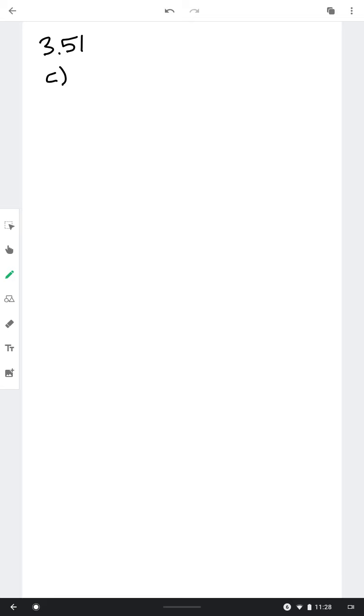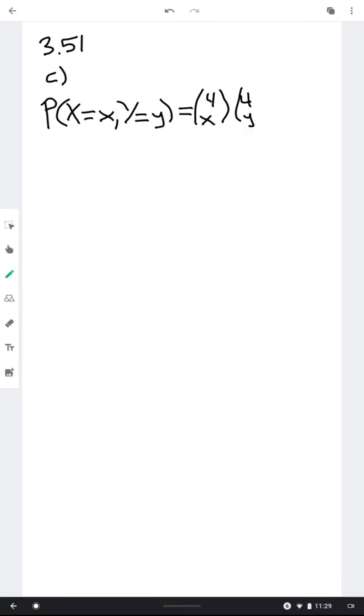Now notice that when we were looking at part A, and even part B, we saw that there was a form that our joint probability distribution always had. So let's see if I can write that. The probability that X is equal to little x and Y is equal to little y is 4 choose x, 4 choose y, and then 4 choose the remaining 3 cards.